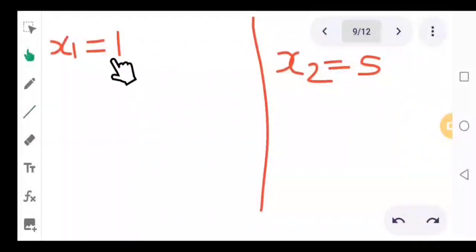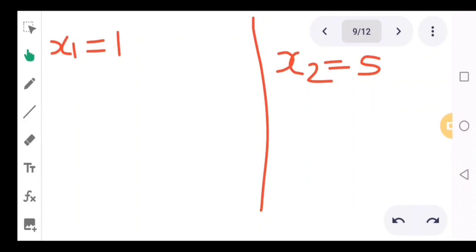Now this is the second constraint and this is the third constraint. I put them as equal to here also, for the same reason as before: for the purpose of plotting in the graph, we are making it equal to. This also is a linear equation.